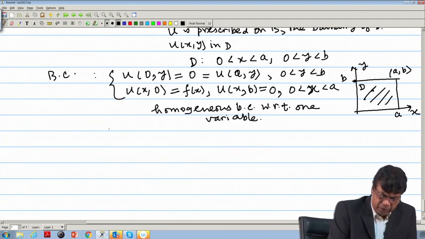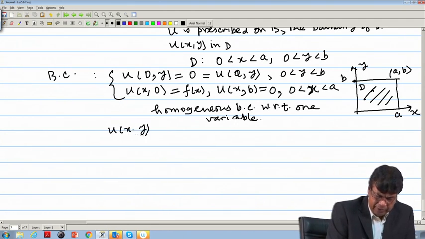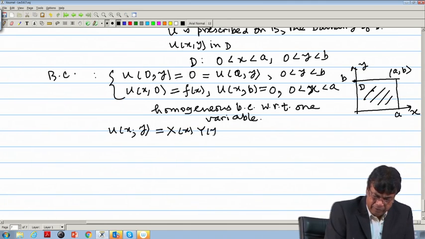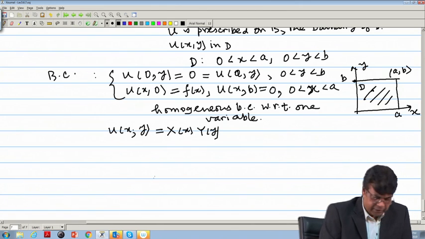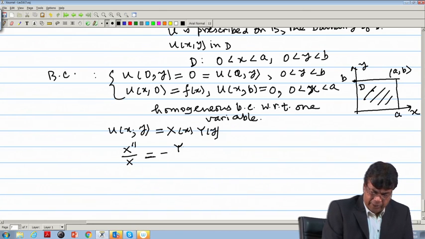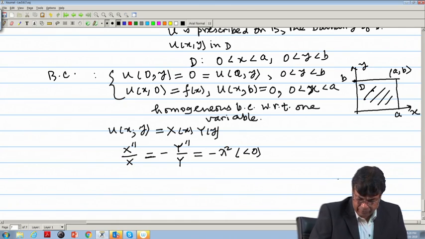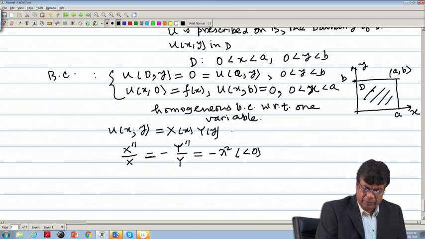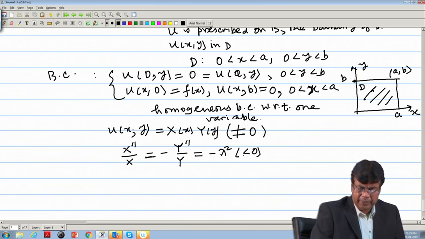So we look for a solution u(x,y) = X(x)Y(y). If I substitute, I get X''/X = -Y''/Y. Again, this constant has to be negative, less than 0. You can challenge this and you will find that it will not give a non-trivial solution, so for a non-trivial solution it should be negative.